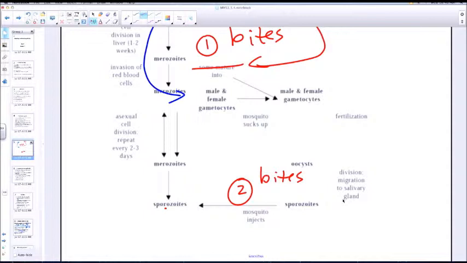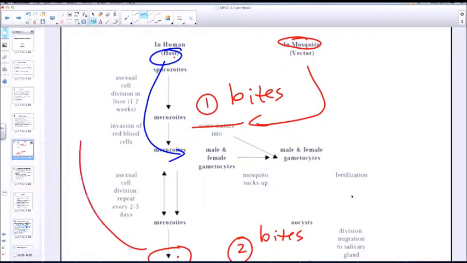If you bite this uninfected human, then you change this uninfected human into another host. That's how the disease spreads. In other words, the disease is spread by the mosquito as a vector.